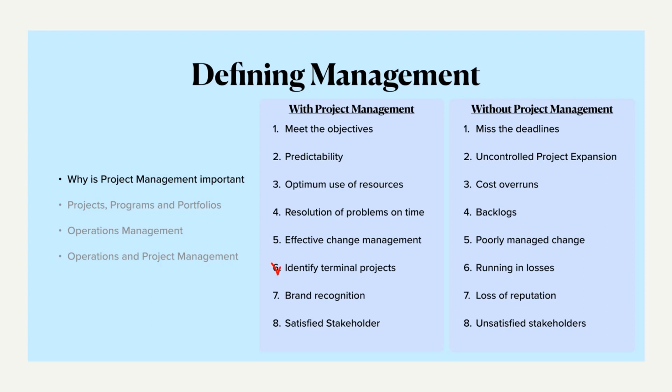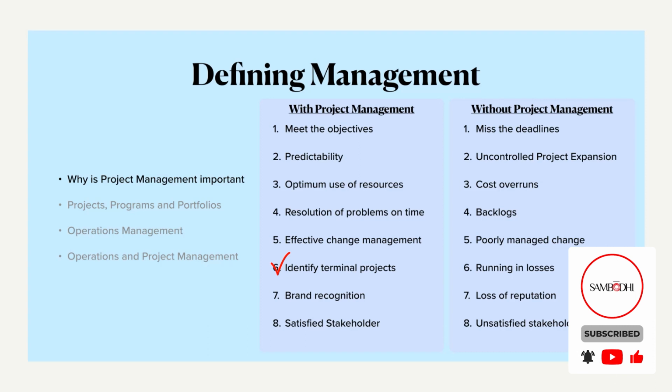Moving on, identifying the terminal projects. This is a very important point: if the project is not performing well, or let's say the project is not giving out the values as per our expectations, such projects are terminated, because it is better to terminate such projects at the beginning.